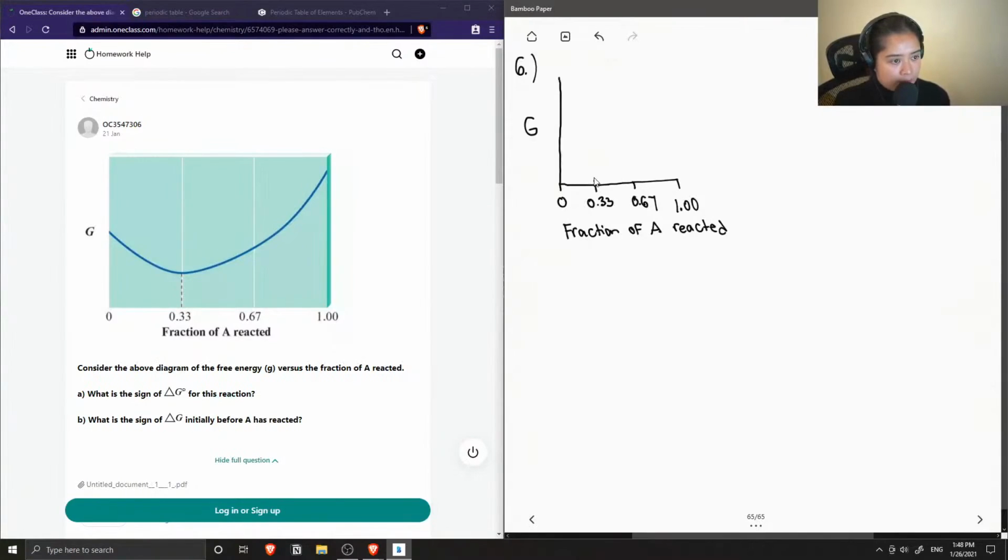It looks like we have a minima in our graph right at 0.33. I'm just going to roughly sketch this out. It starts off like here, and then a minima, then it just kind of shoots up.